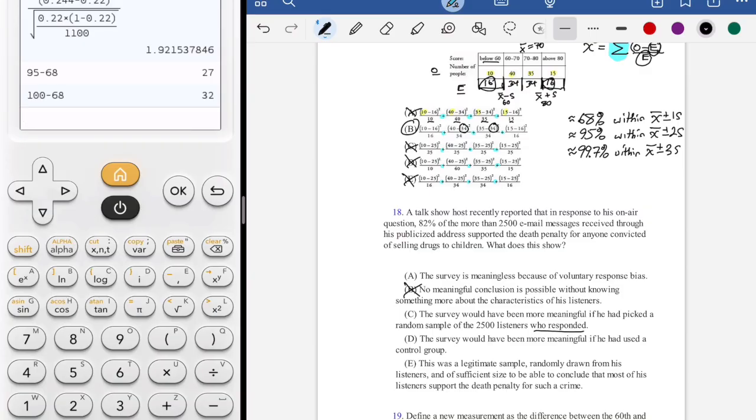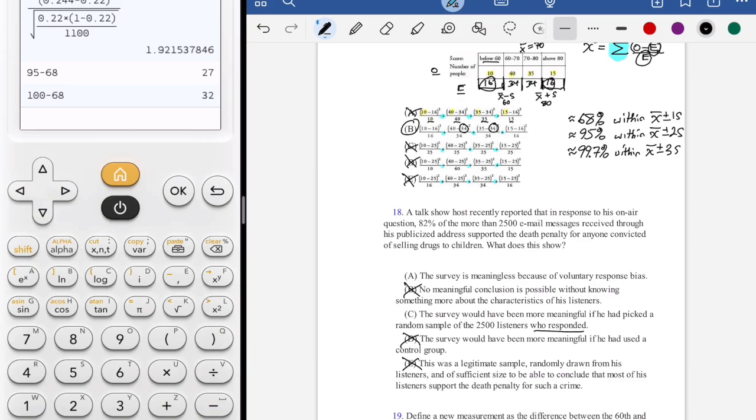But anyway, control group. No, it's not an experiment, so let's get rid of that. Legitimate sample, randomly drawn from his listeners. And so, no, there's no randomization involved. So I'm looking at A and C. I keep going back to the fact that they're self-selected.